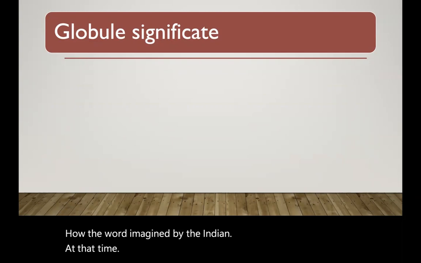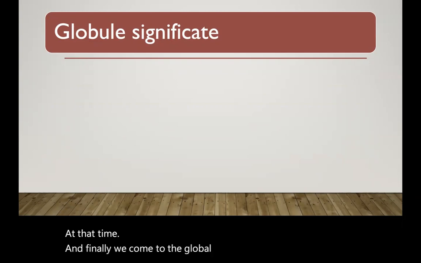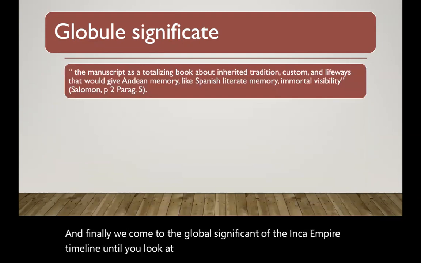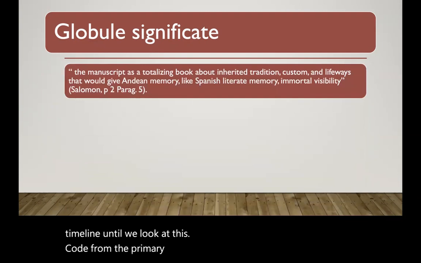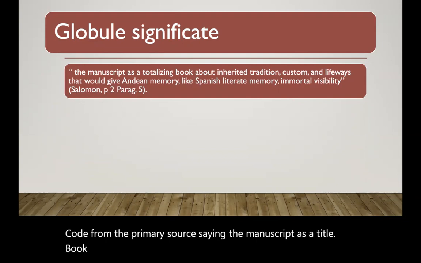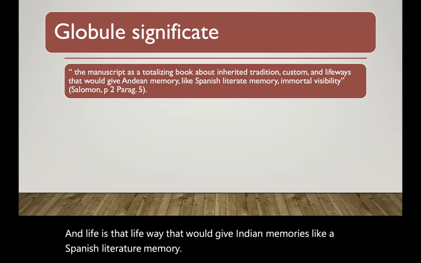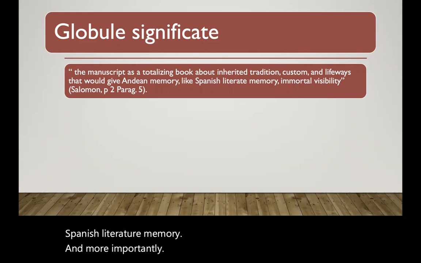And finally, we come to the global significance of the Inca Empire timeline. Look at this quote from the primary source, saying the manuscript is a book about the inherited tradition, custom, and life way that would give Indian memories, like Spanish literature memory, a more immortal visual.